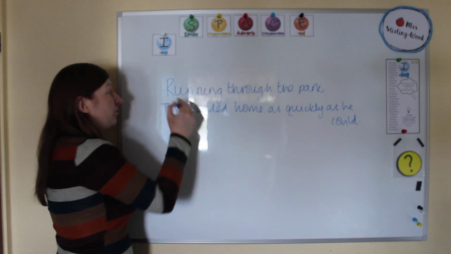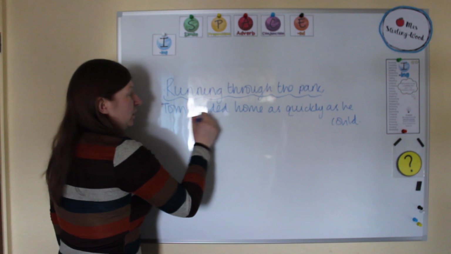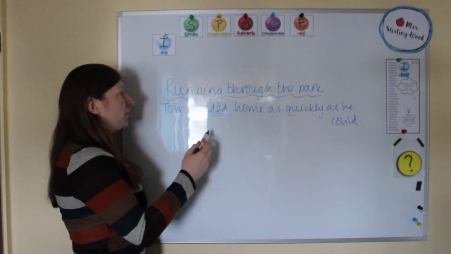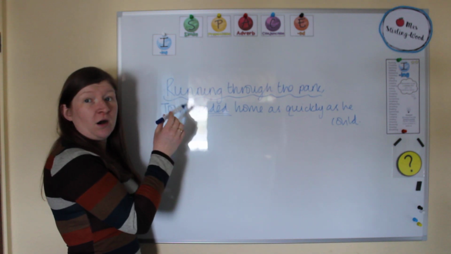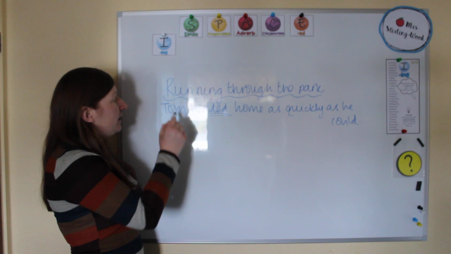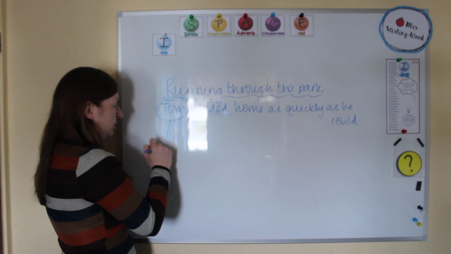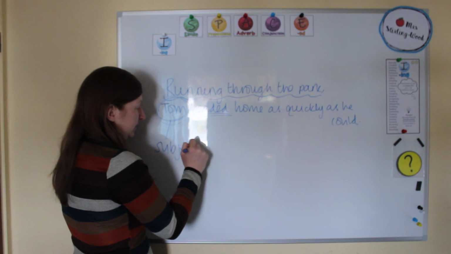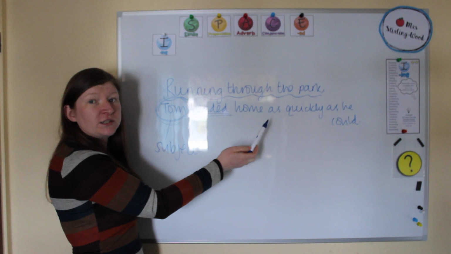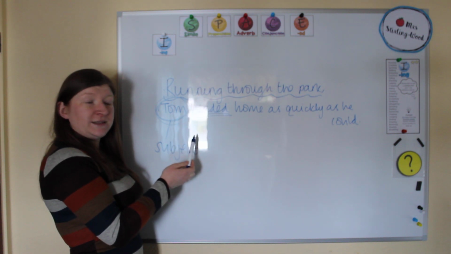So here's my sentence opener, running through the park. Tom headed home. So Tom heading home is the main action in this verb. He's going home, but to get there, he is running through the park. It's telling me two things about the same action. What else is important in here is that Tom is my subject for both actions in this sentence. So it's important that your fronted adverbial, when it's an ing starter, it's the same person doing the action as the main clause in the sentence.